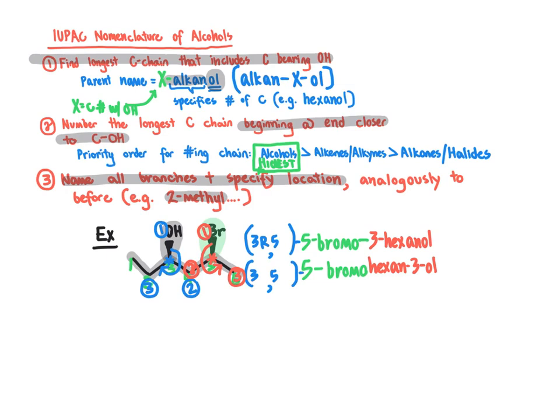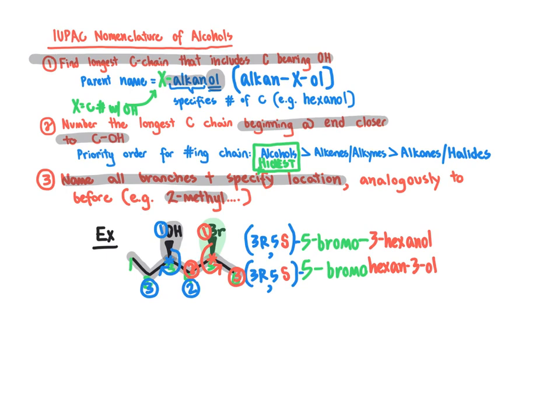That takes us in a counterclockwise direction, so we would describe this chiral center as having the R configuration. So that's 5R, or rather S, my bad. We're going counterclockwise here, so it's 5S, and as we said before, 3R will give us the full IUPAC name for this molecule.